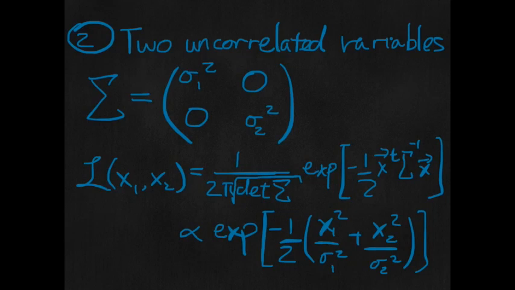So if we did what we did before, and we march down from the maximum likelihood point until our exponent here reaches a particular value, what we get here, you might notice, is the equation of an ellipse.